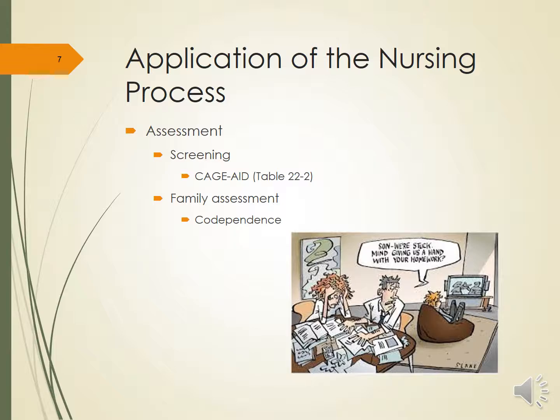Codependence is where the person becomes overly responsible for the addicted individual. They cross the line and try to take care of things that are not their responsibility, but are the responsibility of the person that is addicted. And they may do this out of love, but they are not helping the person when they do this. So let me give you an example.